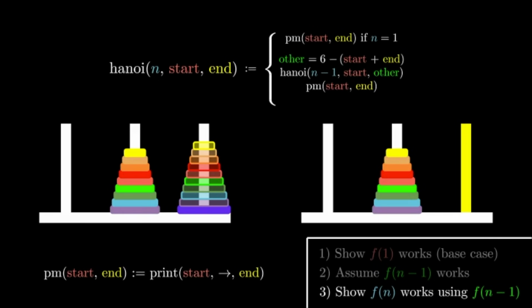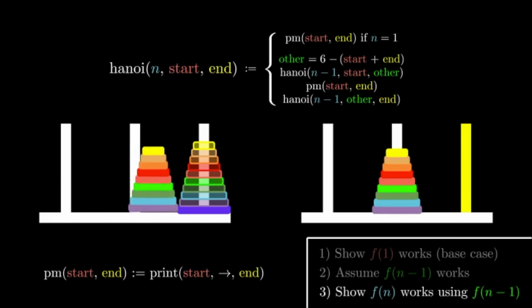This means we can assume that the subproblem works as per our framework, and the corresponding recursive call is Hanoi with the arguments n-1, other, and end. And following these steps successfully solves Towers of Hanoi for n disks, and this does indeed end up being a valid recursive solution.